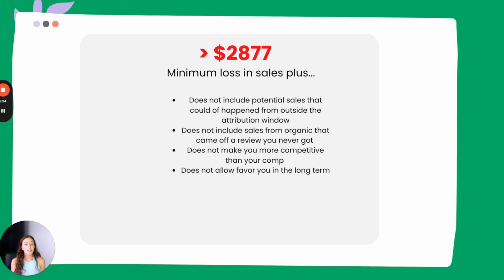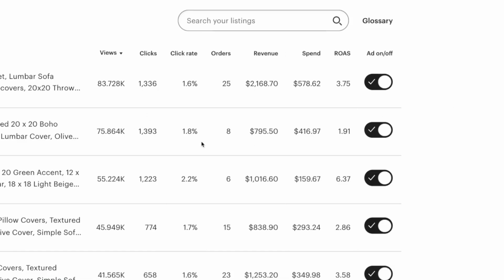So essentially, the problem with Etsy ads now, let's go into an Etsy ads account. If we come in here and we look at what Etsy gives you, you can see there's views, clicks, click rate, orders, revenue, spend, and ROAS. And while some of this information is interesting to look at, not one single metric here is actually showing you what you need to know to make a decision.